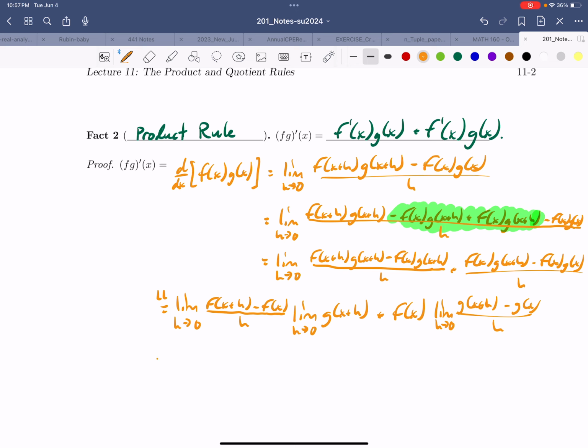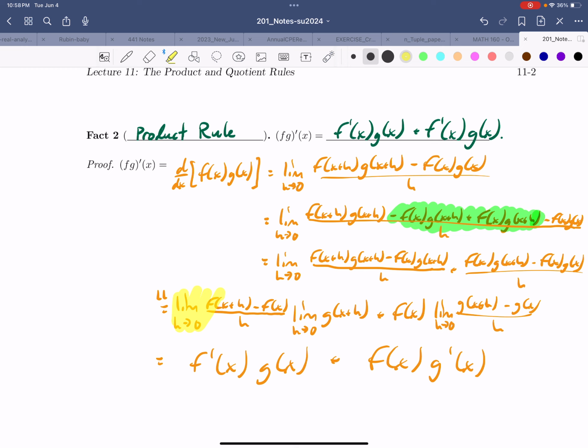And when we simplify, we wind up getting that this whole thing right here is f prime of x. This second term right here is g of x, right? Just g of x, just plug it in. And then here we have f of x, and then here we have g prime of x, right? Everyone see that?